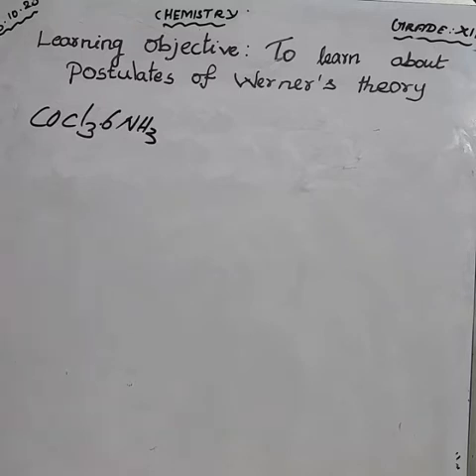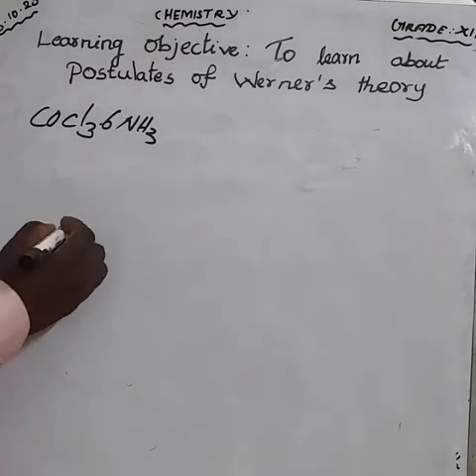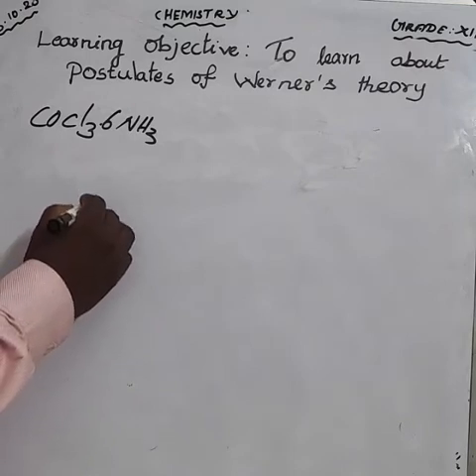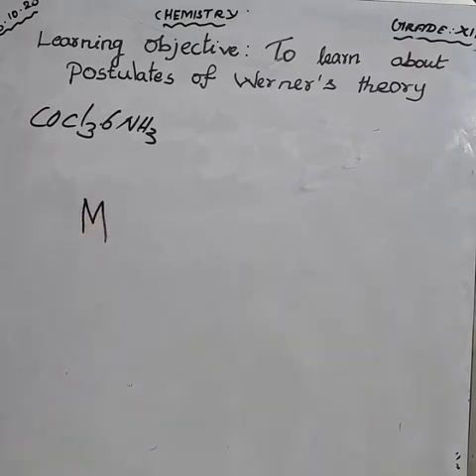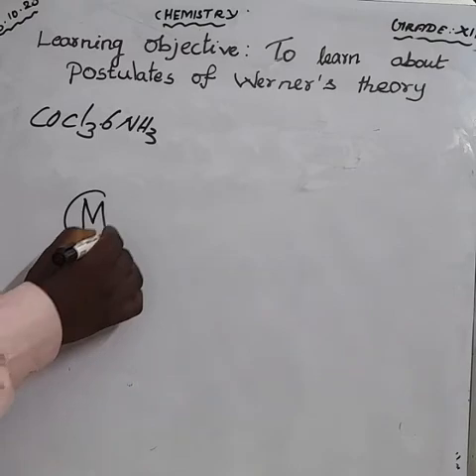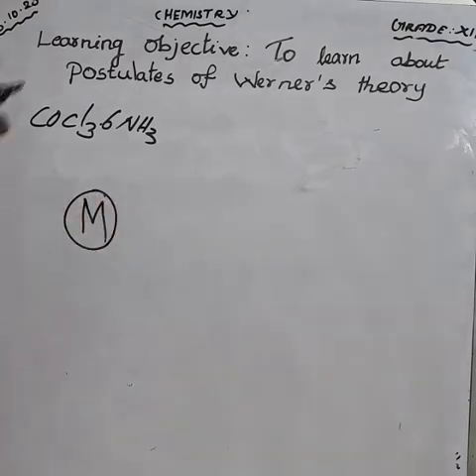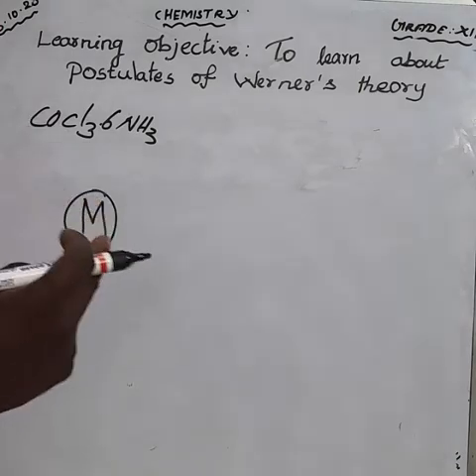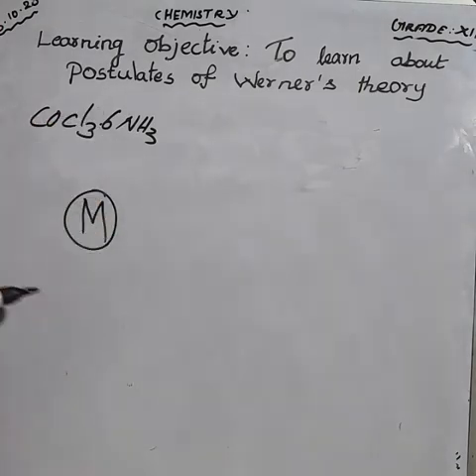As per the inner and outer sphere of attraction in coordination compounds. Listen all of you. This is the metal ion. Around the metal ion we have two spheres. How many spheres? Two spheres of attraction around a metal atom or ion.